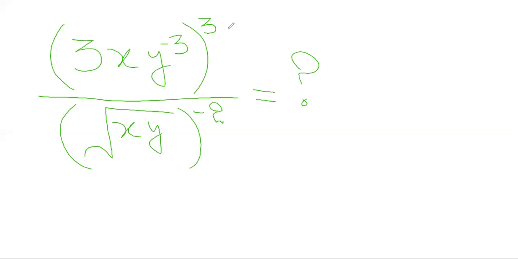Yes, absolutely right. It was so simple. If you are giving this power to this one, you will get 27 over here. If you are just putting this to this one, you have x3, and then this will go over there. So x3, and this will be minus 2, and this is 1 by 2, and x will go over there.